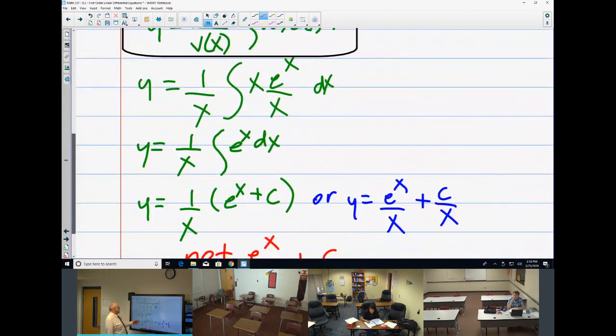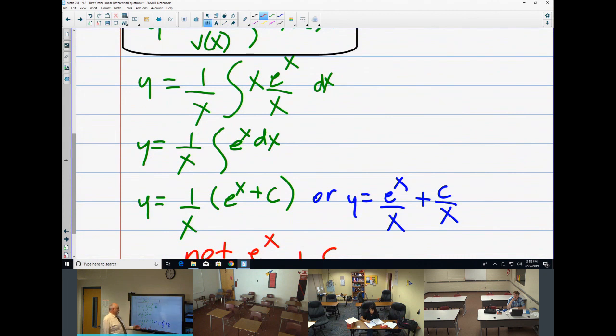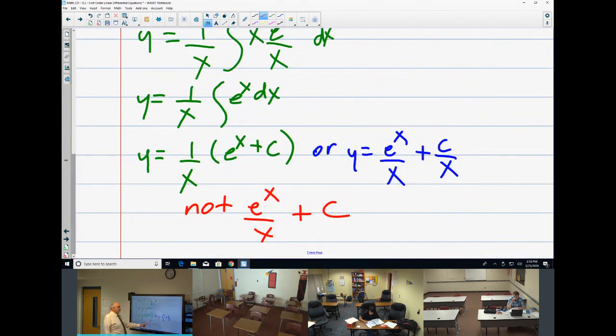So e to the x plus c over x. Okay, or you'd say e to the x over x plus c over x. But the x is multiplied through, so it's in the denominator of both of them. So not this. Okay, so the x has to be in the denominator of the c as well. So like on a multiple choice test, that would be one of the bogus answers right there.